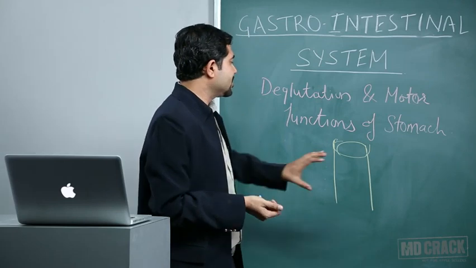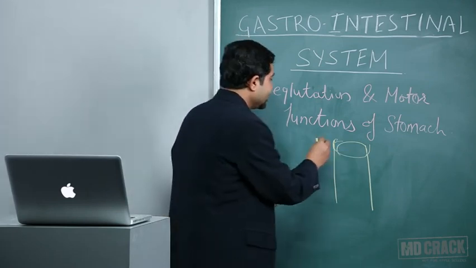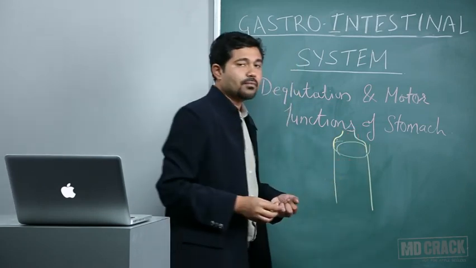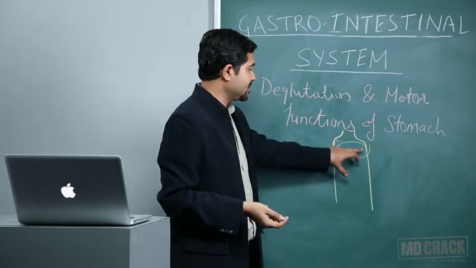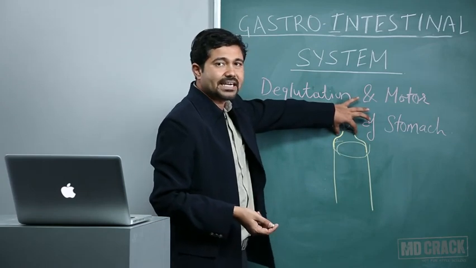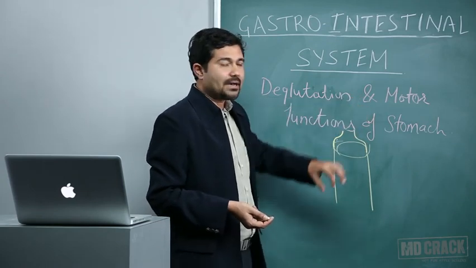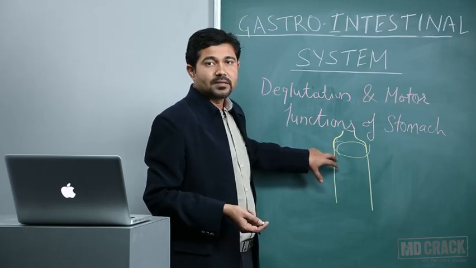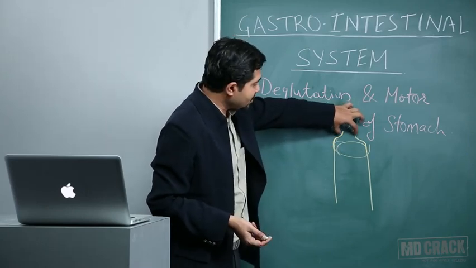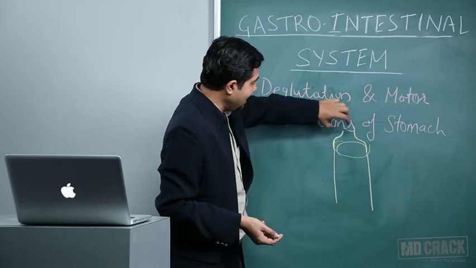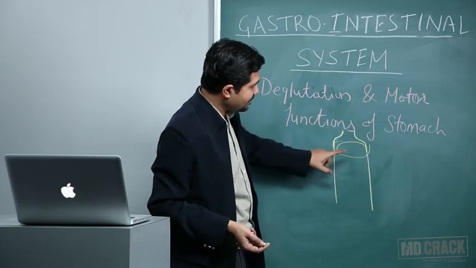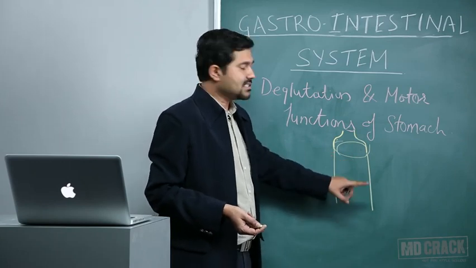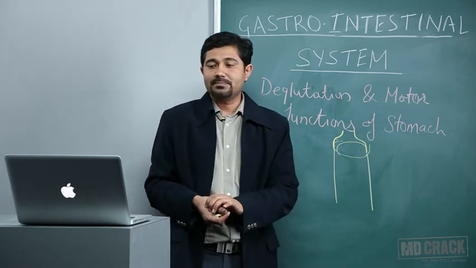A constrictor ring will develop just above the stretch. And now what will happen? There is a receptive relaxation of the forward part, and now this constrictor ring will go down. Imagine if this ring goes down, what will happen? It will take the food or the bolus along with it. This is the simple way peristalsis can be explained.